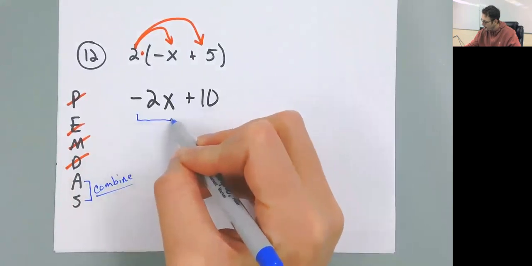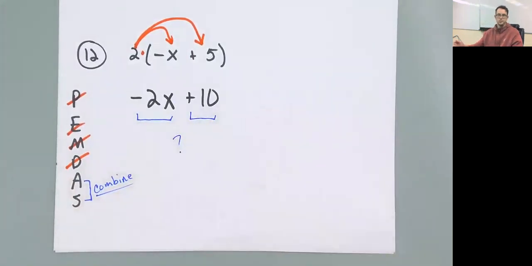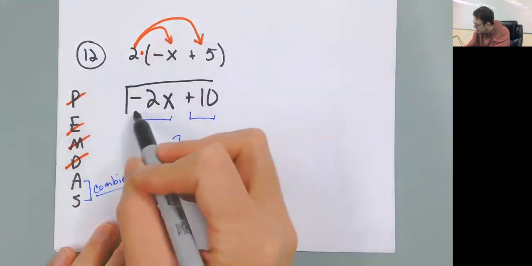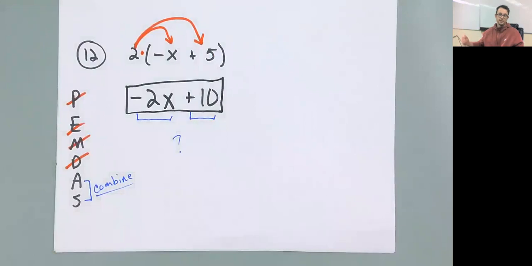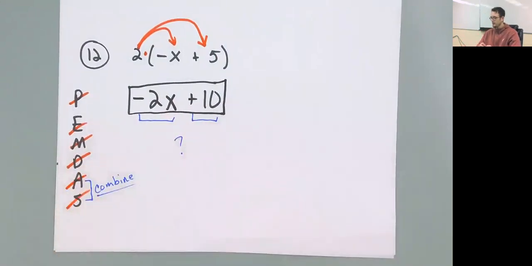Can you combine that and that? No, you can't. So this is actually just the answer. Sometimes you're gonna get some of those easy ones where you just have to do one thing and you're done. Nothing to combine.